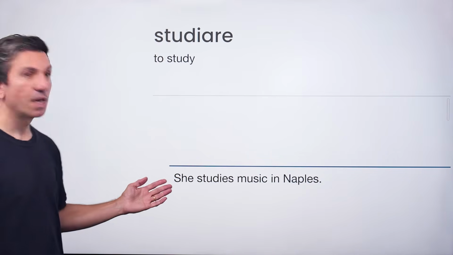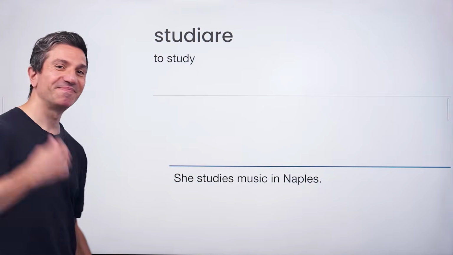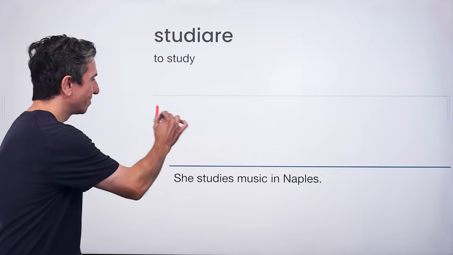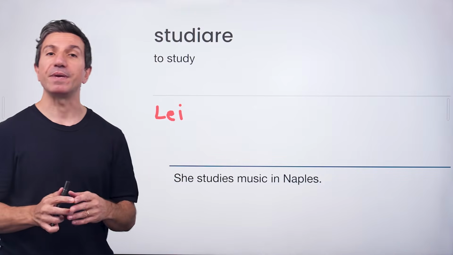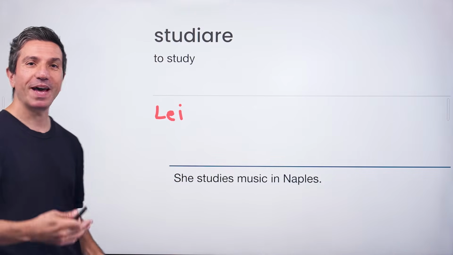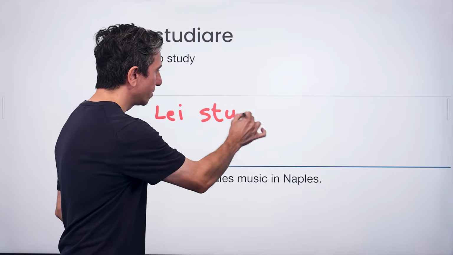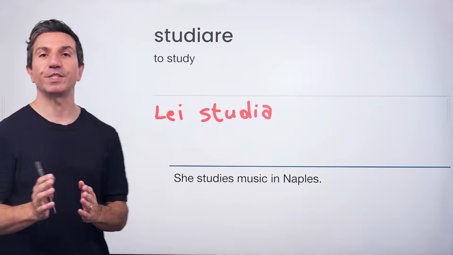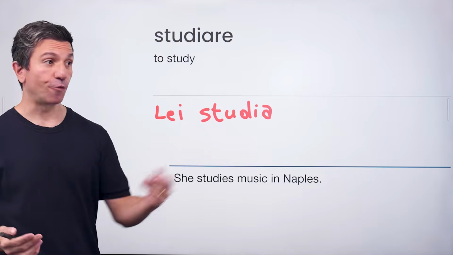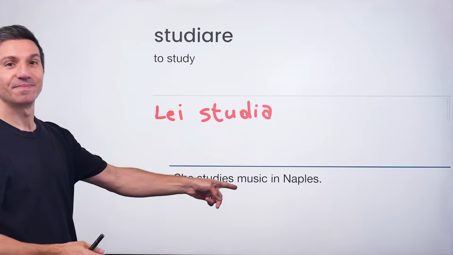Translate. She studies music in Naples, into Italian. Lei, the subject pronoun, meaning she, followed by studia, the present tense of studiare, for lei, meaning she studies. Next.